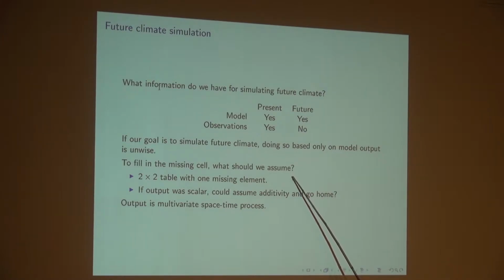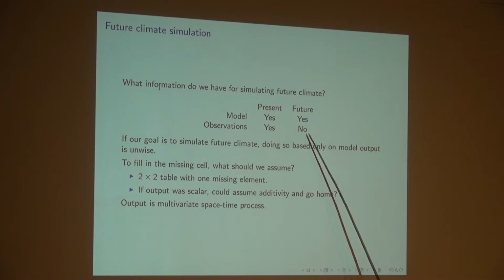The observations are hopefully the most reliable piece of information we have, although observations have their own problems. We have them for the present, but we don't have them for the future. And of course, the model output, the advantage of that is we get it both for the present or at least some hypothesized future. So the problem is we have no direct information on the cell of this two-way table that we're most interested in.